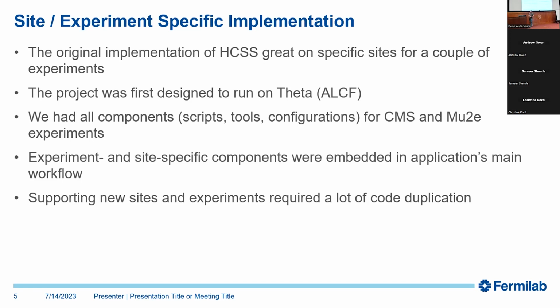It would have all these components that we mentioned before, the scripts, tools, and configurations. They would all be within this template, kind of coupled to the code we had there. I chose a good word here, embedded. I decided it was better to say embedded than hard-coded. That's basically how things were developed on those templates.